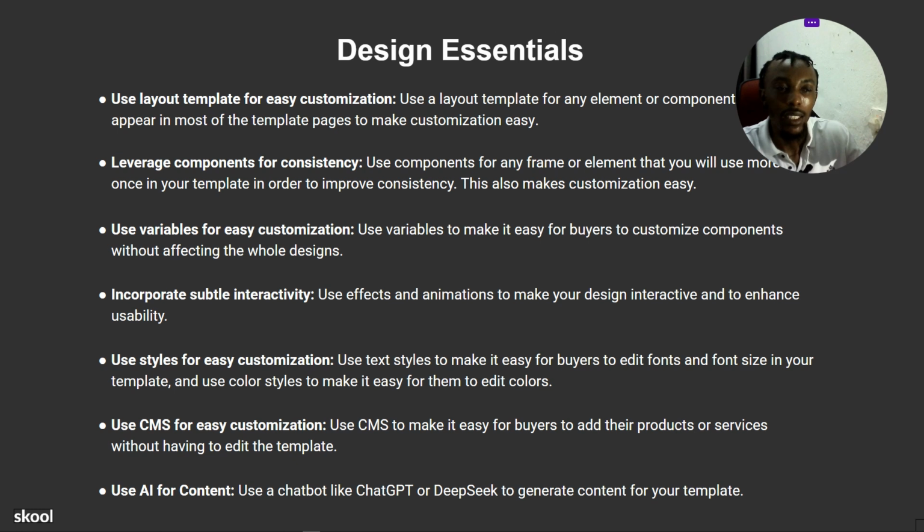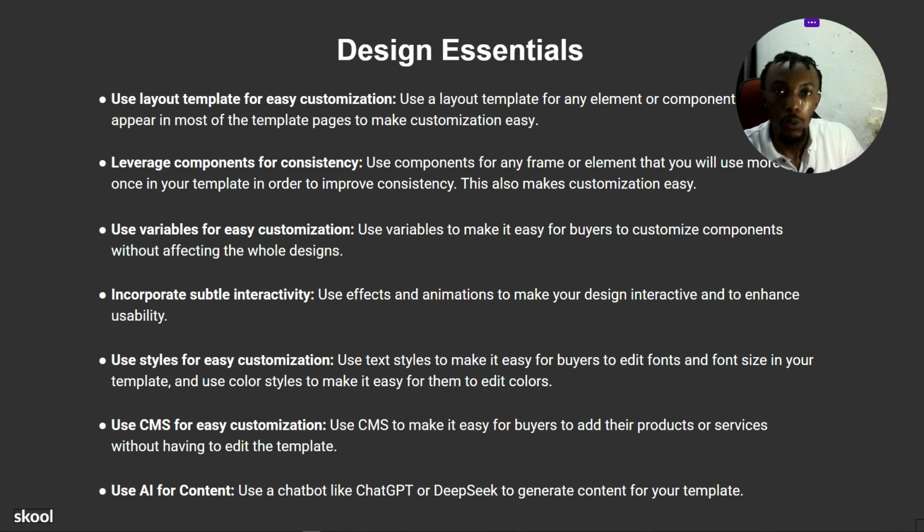It doesn't need to be marketing-template content. It just has to serve its purpose for that particular template. Whenever the buyer buys the template, they might change the content, but you still have to make it look real, and you can do that by just asking AI to generate content for you.